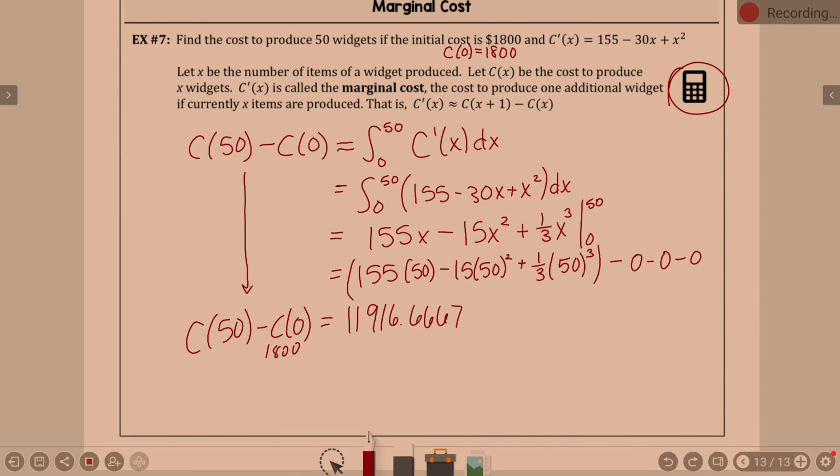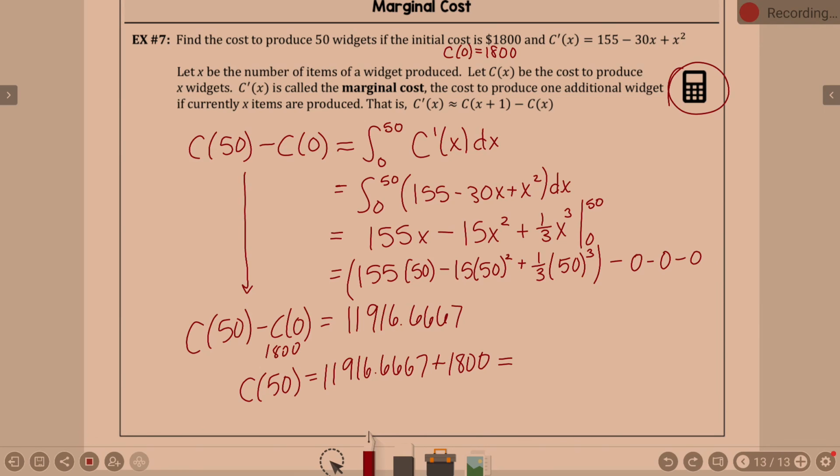So for C of 50, it's going to be our 11,916 number plus the 1,800. So we end up with the cost to produce one extra widget plus the initial cost.